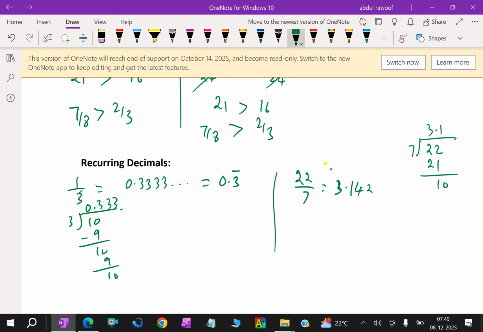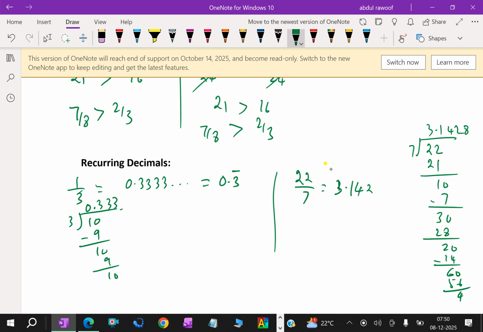Then 1 seven is 7, subtraction is 3, add 0, 4 sevens are 28, subtraction 2, add 0, 2 sevens are 14, subtraction is 6, add 0, 8 sevens are 56, 4 carries, add 0, and it goes on.